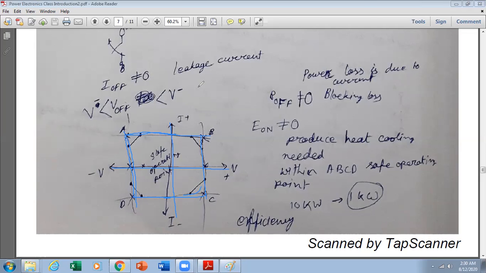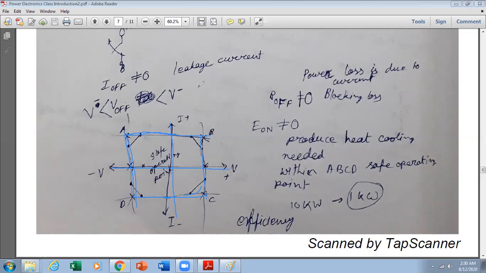So what will happen, if losses occur, then they will be added up, up to 10 kilowatt it is rated, and I'm working at 10 kilowatt, so loss may come and it will be added. So if you work with your device above rated value, what will happen to your device? You tell me. Damage. It may damage.